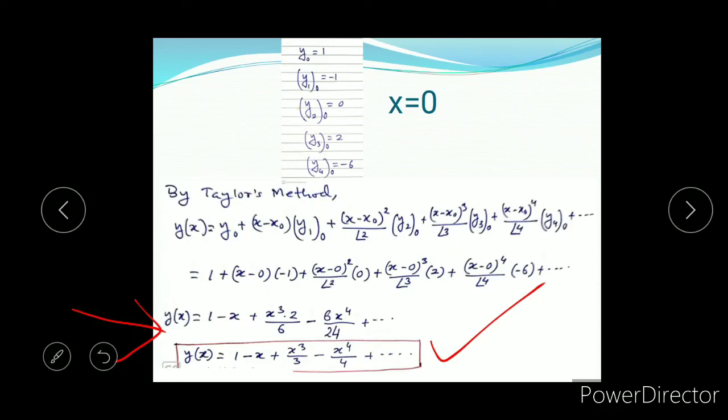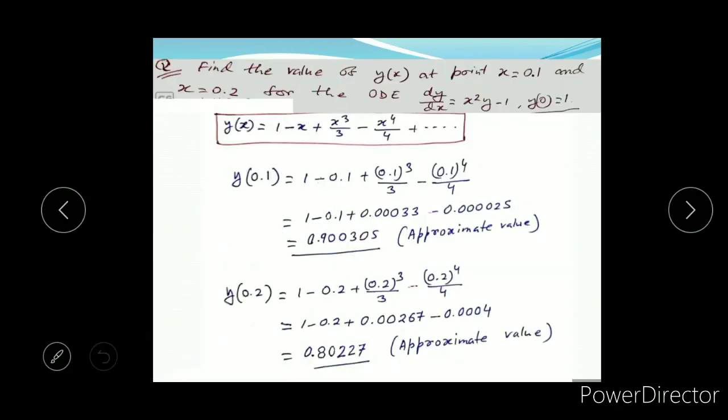Okay, now coming to the next, you can see the question: find the value of y(x) at x equals 0.1 and x equals 0.2 for the given ODE dy/dx equals x squared y minus 1 at y(0) equals 1. Now from the previous equation we have already got y(x) equals 1 minus x plus x cube by 3 minus x to the power 4 by 4.